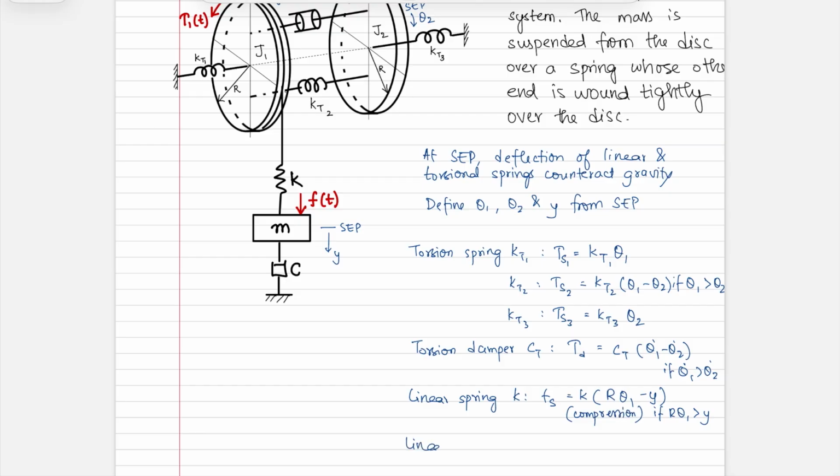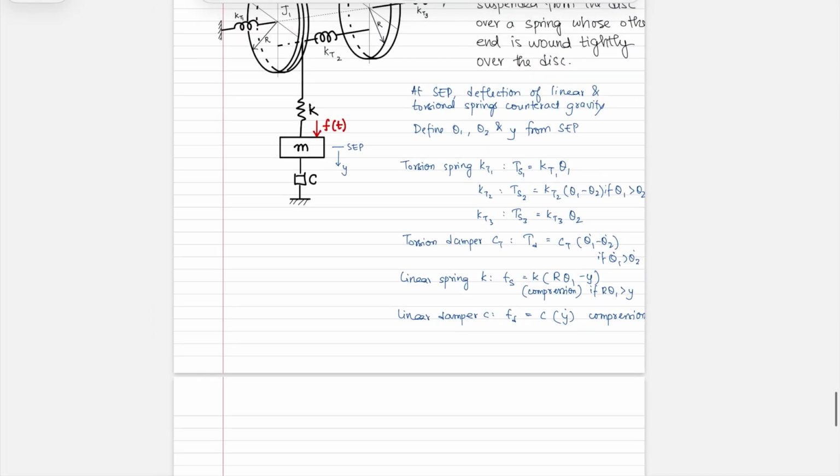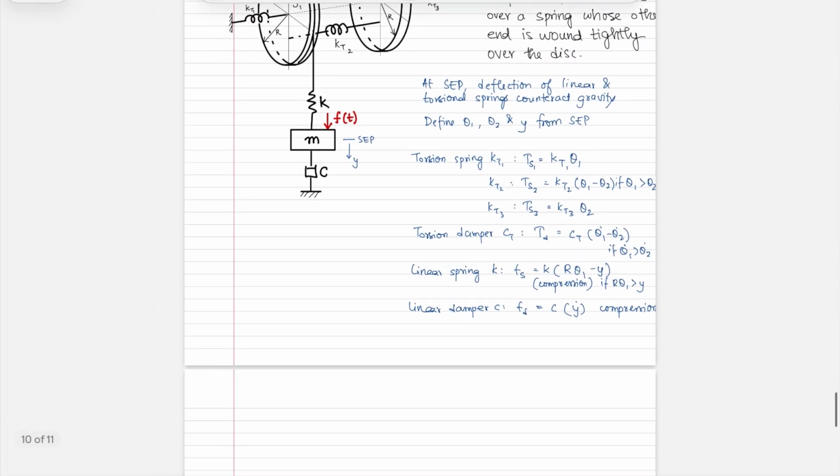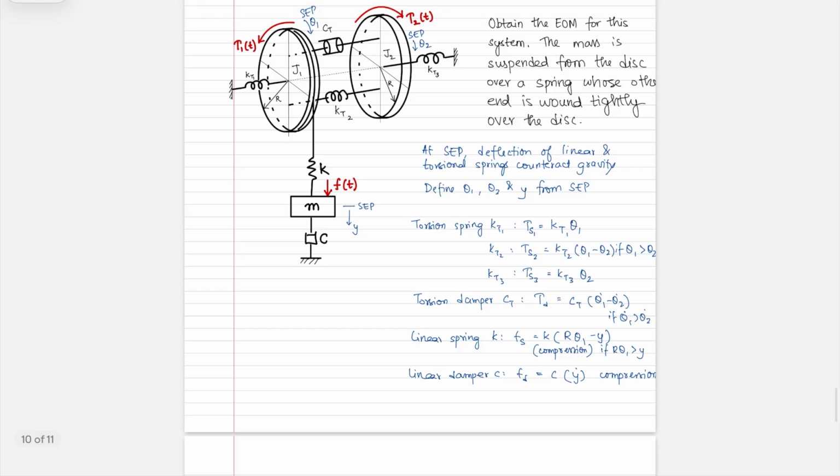For the linear damper, you have Fd equal to c times y dot. It will be in compression. So we've defined the magnitude of all the torques and forces. Let's now sketch the free body diagram.